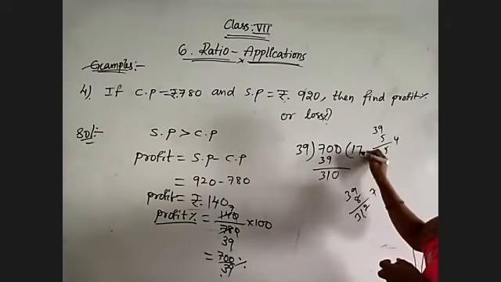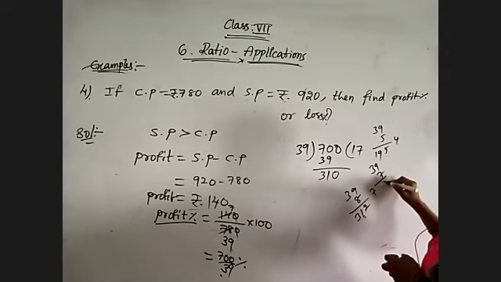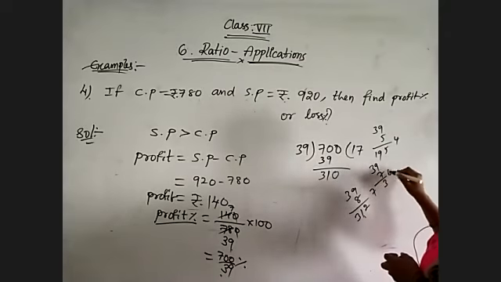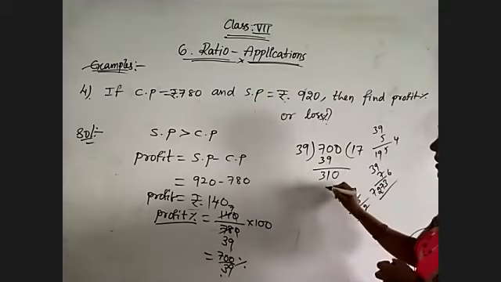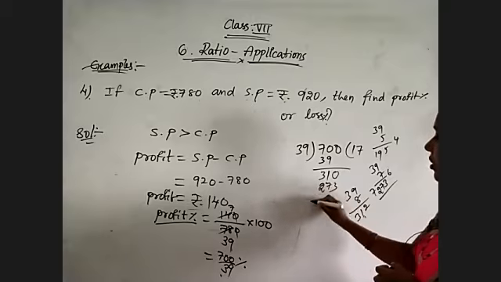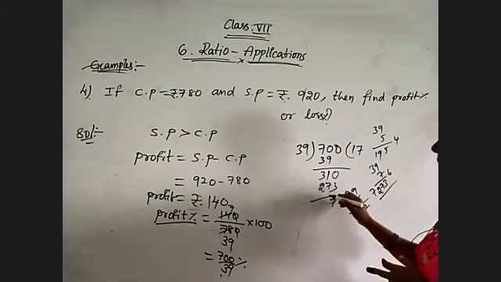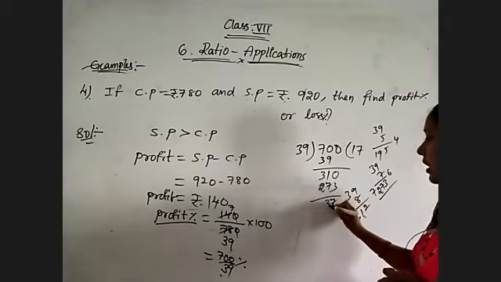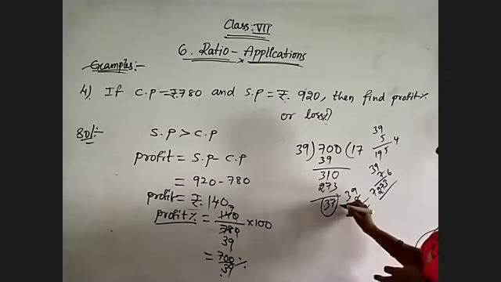So 39 7s we will get. What is that value? 7 9s are 63, 7 3s are 21 plus 6 is 27, so 273 we got. 10 minus 3 is 7 and here 10 minus 7 is 3. That's all. 37 is the remainder.